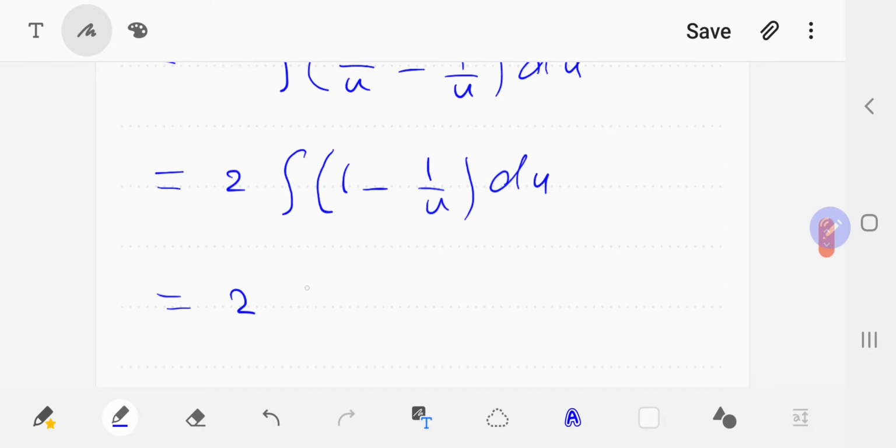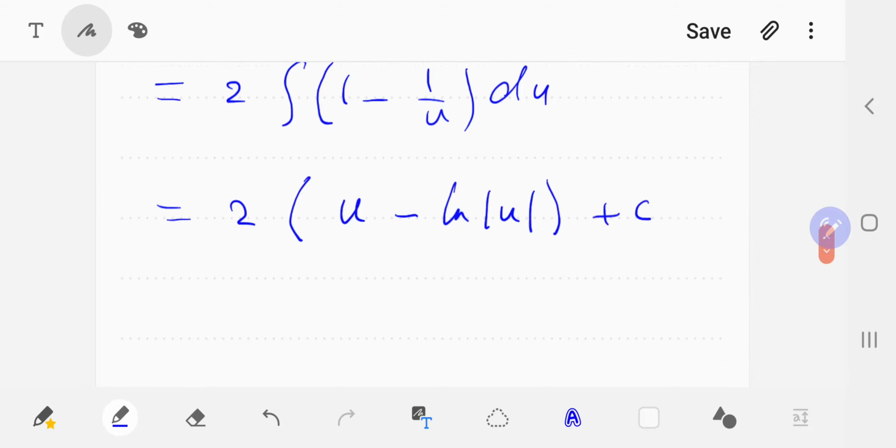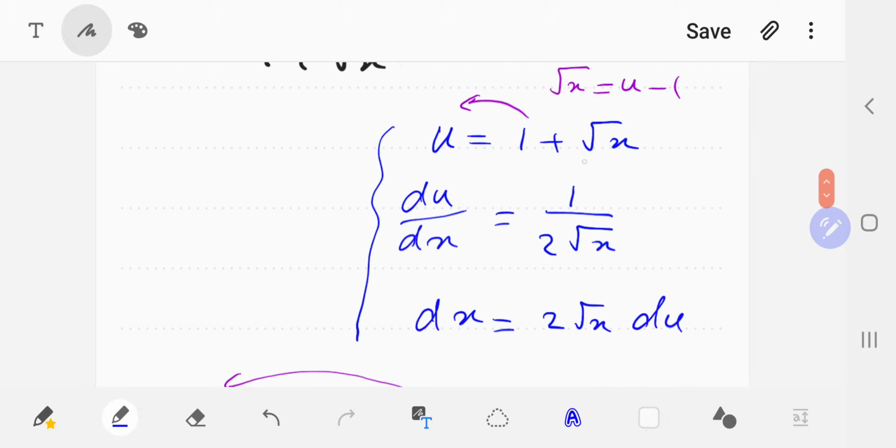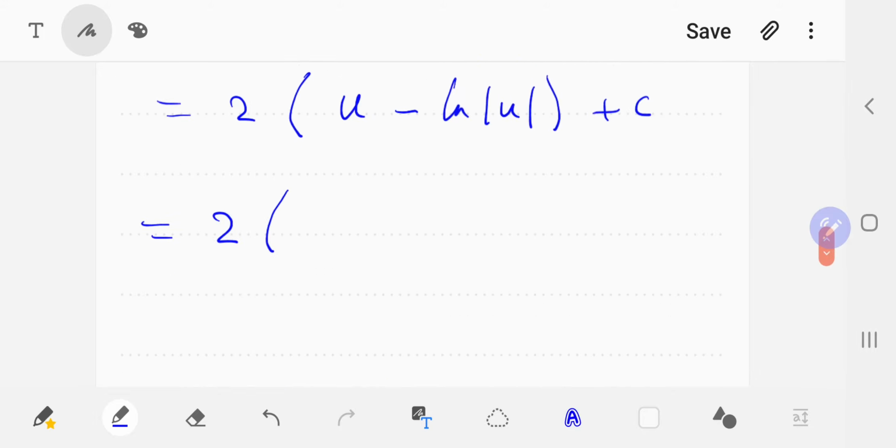So it's 2 times integration of 1, which is u, integration of 1 over u, which is ln absolute value of u, plus c, and then you just replace u by its value. So 2 times, and u was 1 plus radical x.